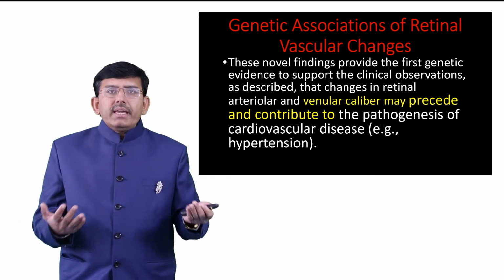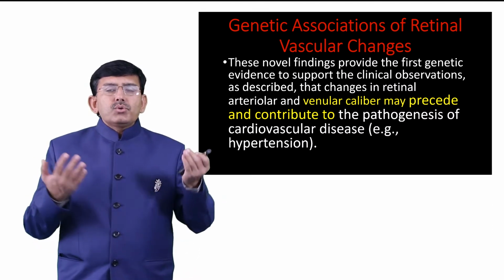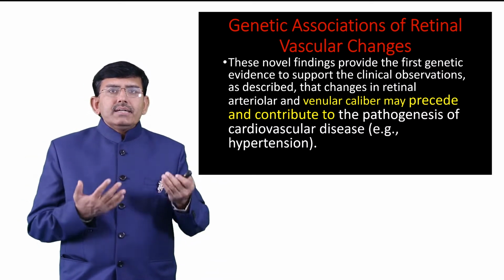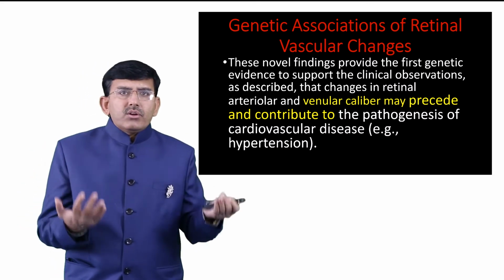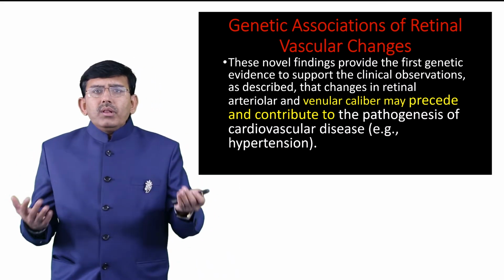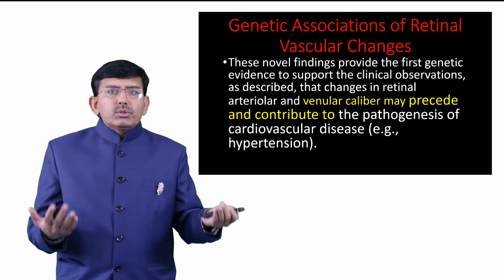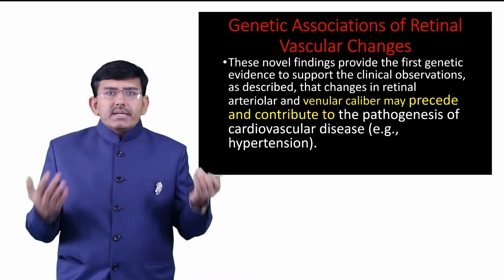These novel findings provide the first genetic evidence to support the clinical observations described, that changes in retinal arteriolar and venular caliber may precede and contribute to the pathogenesis of cardiovascular disease.